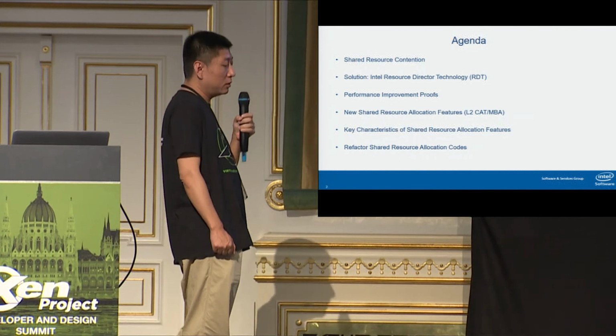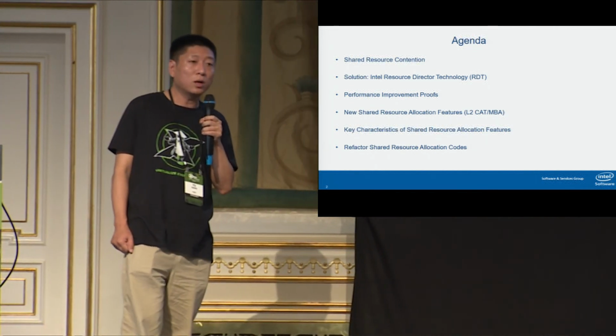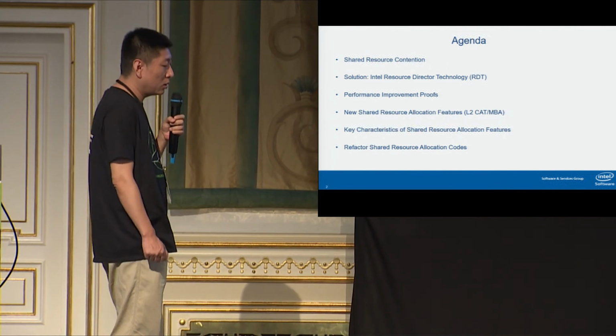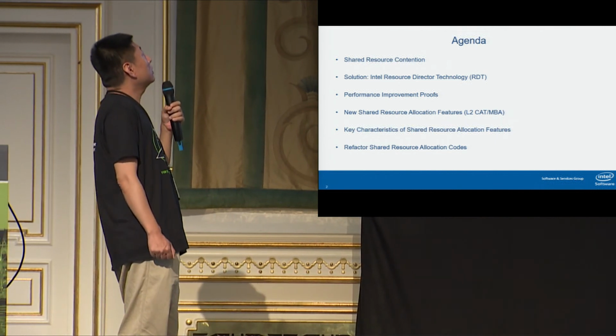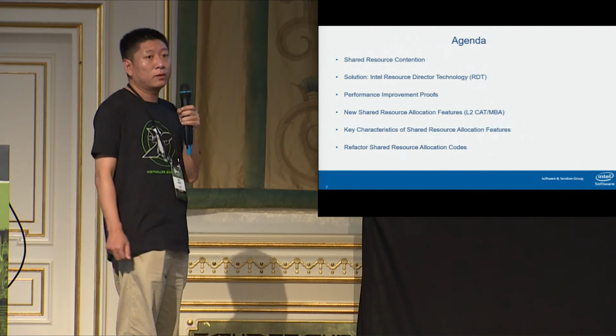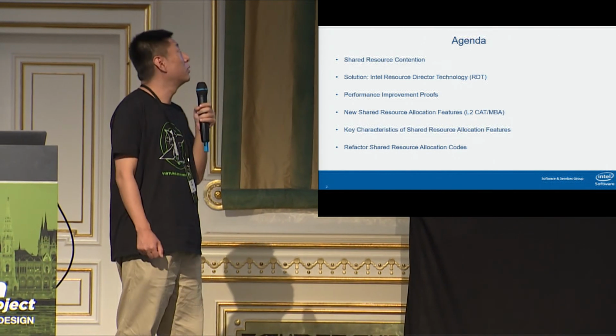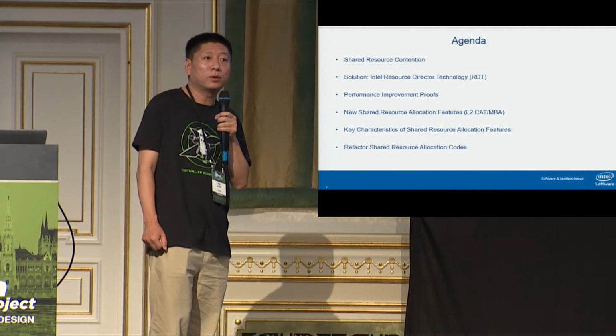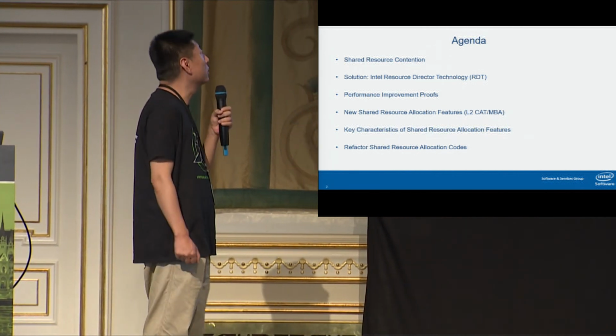Here is a brief agenda. The first is a brief overview of shared resource contention, and how Intel Resource Director Technology gives us a solution for it. Also, I'd like to give a performance improvement proof.